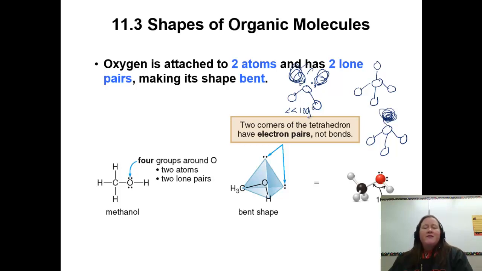Now, what is it specifically? It's just really going to depend on what the elements are. The major takeaway here is that when you have an oxygen in a structure, you end up having this bent region.